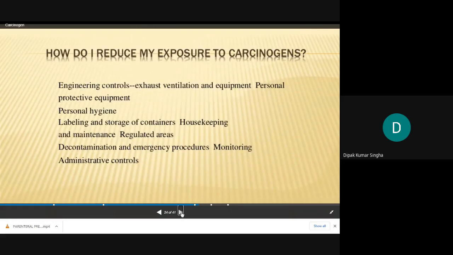And how do we reduce our exposure to carcinogens? Number one, engineering control.